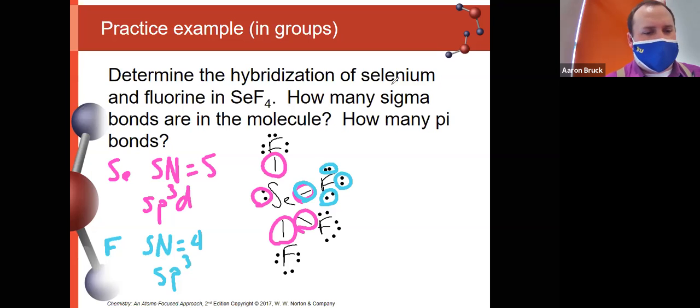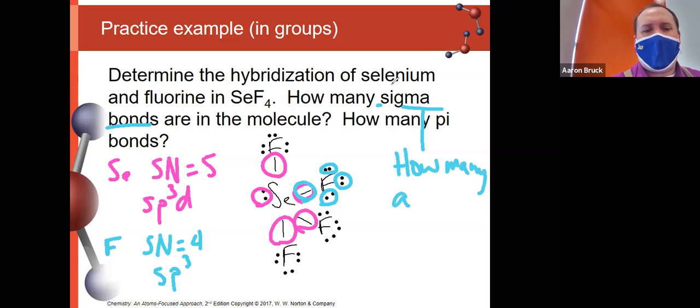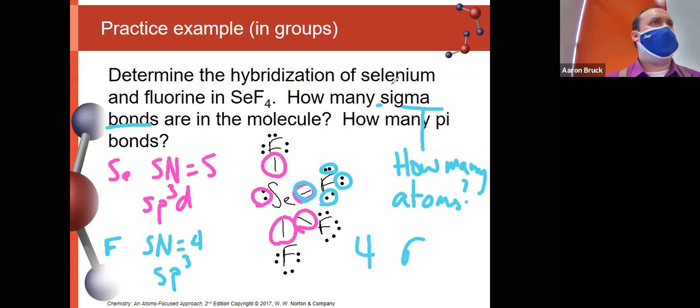Now, for sigma bonds, we want to know how many atoms are we bonded to? Because every single bond between one atom and another starts with a sigma bond. So in that case, I have 4 fluorines that are being bonded to. I've got 4 sigma bonds.